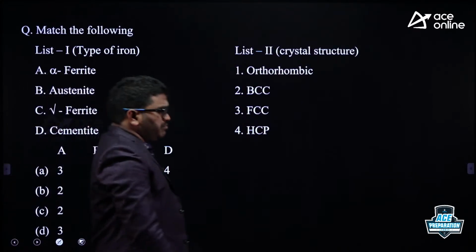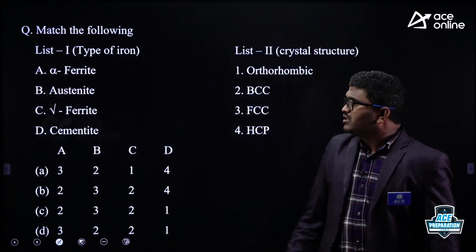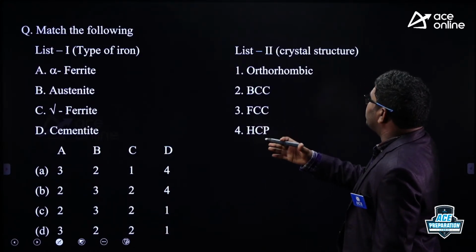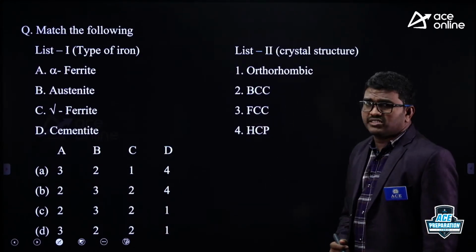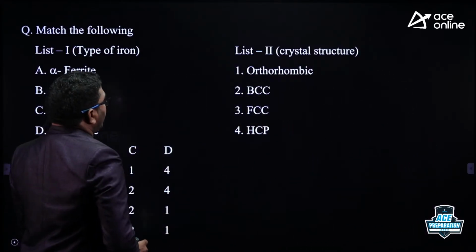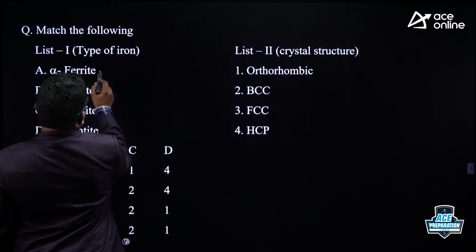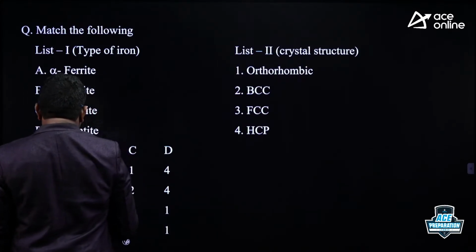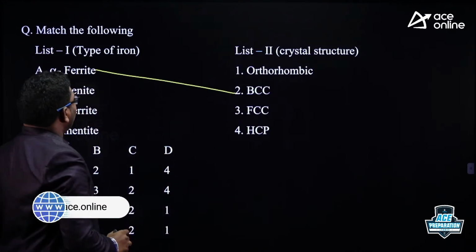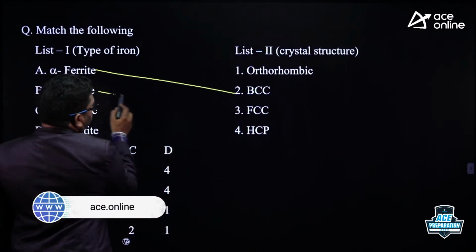See, one of the previous year GATE questions, a match the following question. In list 1, types of iron are given, and in list 2, crystal structures are given, right. So, the crystal structure of alpha iron is BCC, and the crystal structure of austenite is FCC.